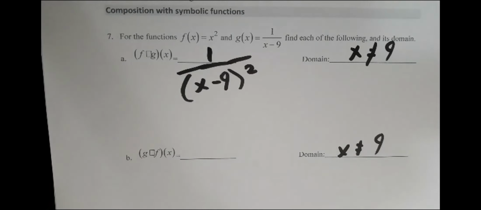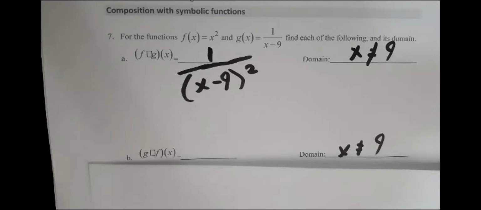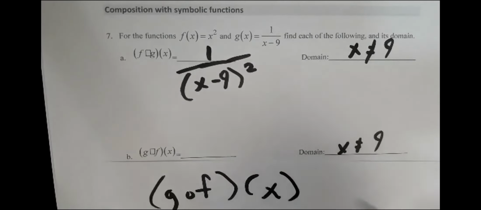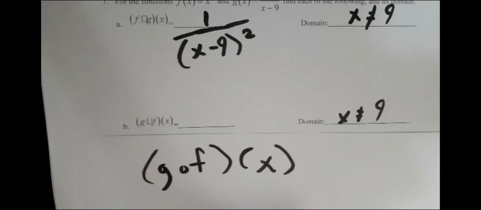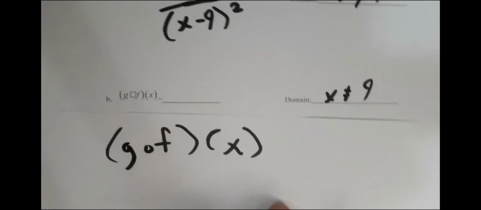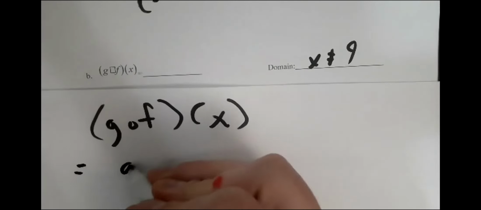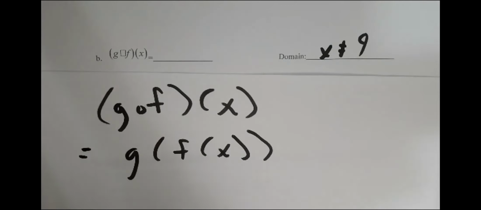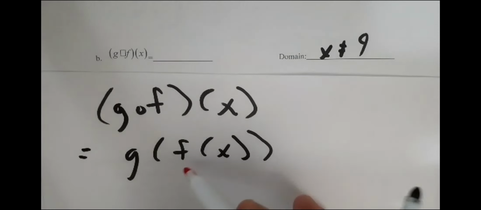Now they're trying to get at a property here. If I do f of g, or if I do g of f, this is the commutative property. We've talked a little bit about this. But if I do g of f of x, let's write it out with the correct symbol instead of the crazy box that they decided to put on there. I want to write out its definition as g of f of x. I'm looking in the inside, and I want to work the inside out.